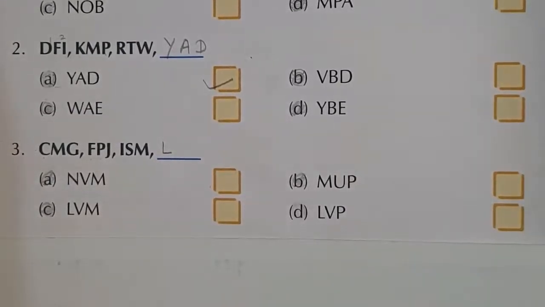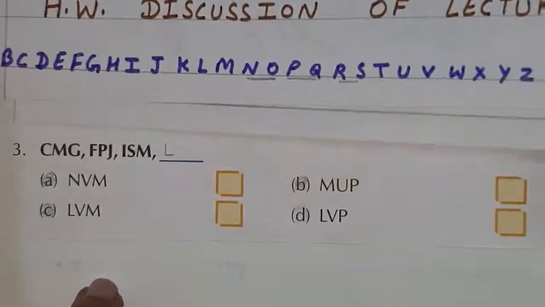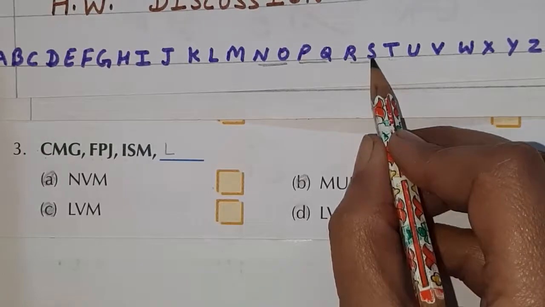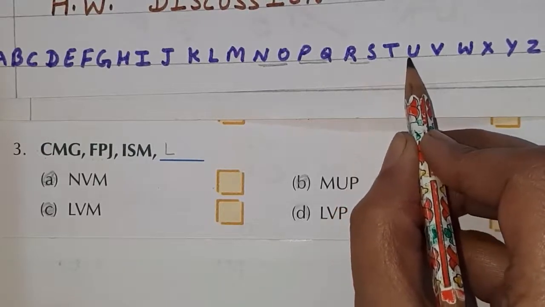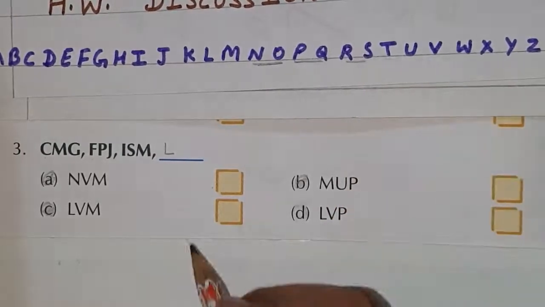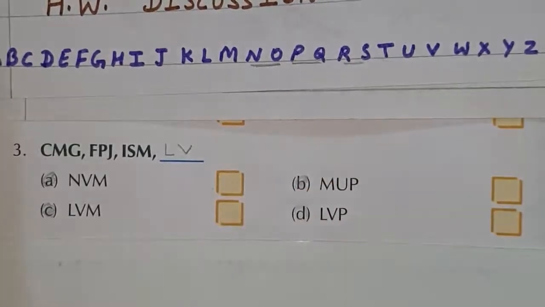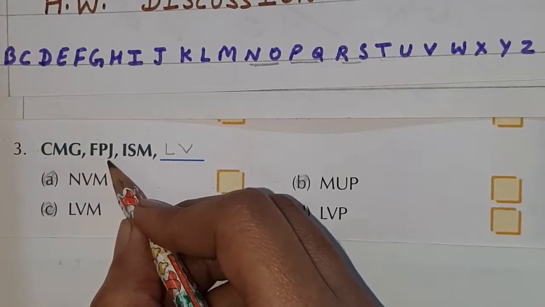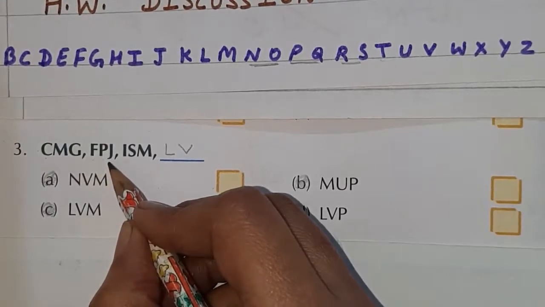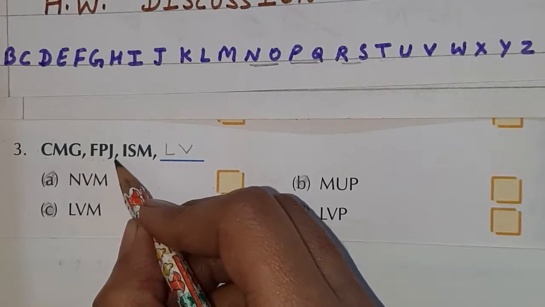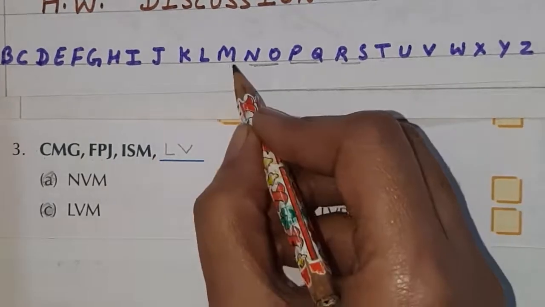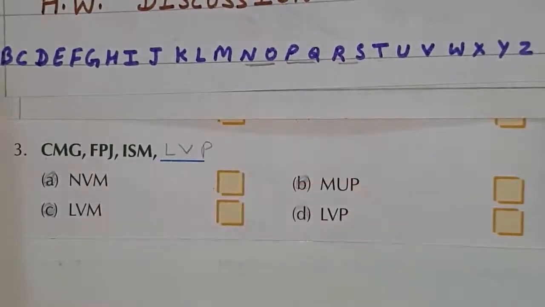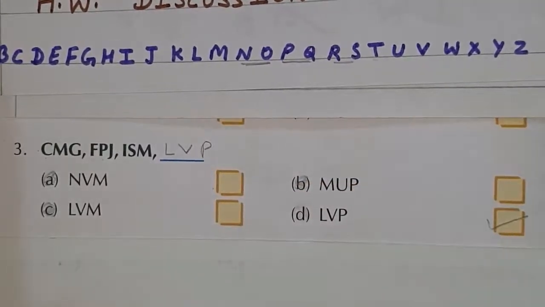Check again. After S you have to leave 2 alphabets. TU. The next will be V. G. HI is left. J. KL is left. M. NO will be left. P. It is option D.